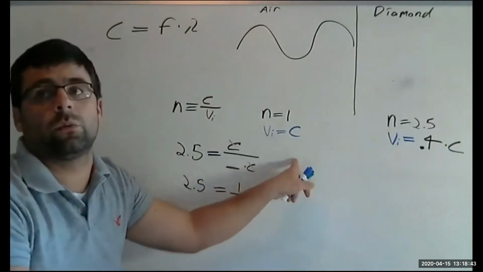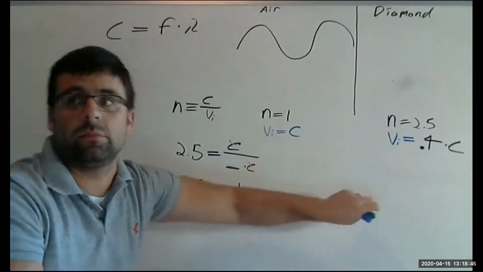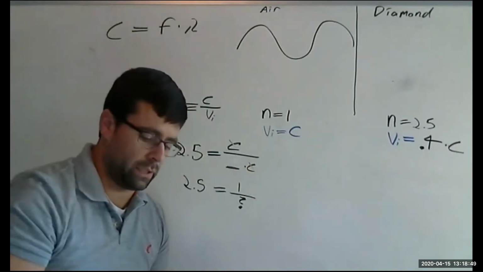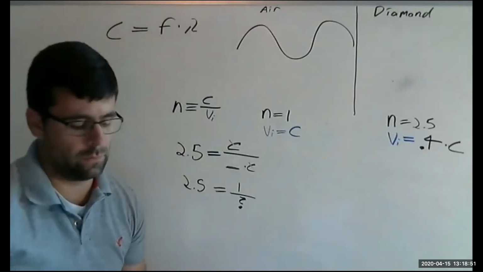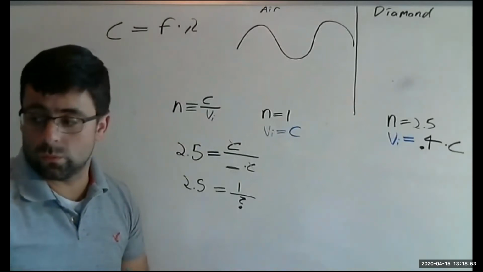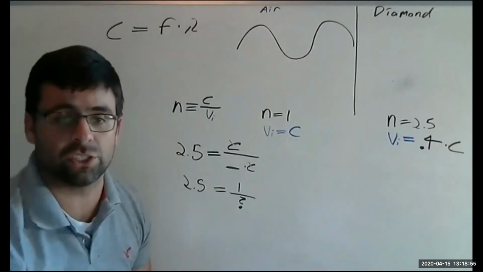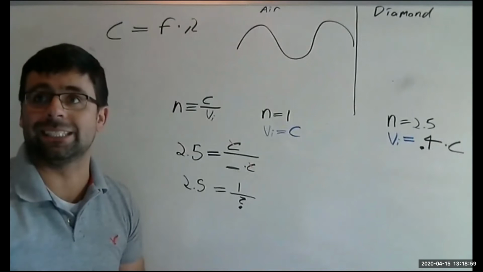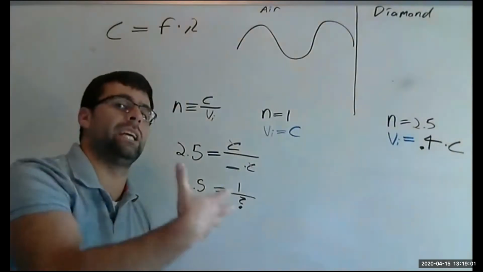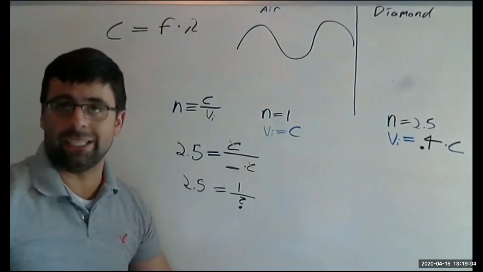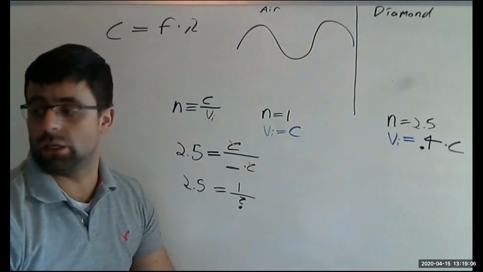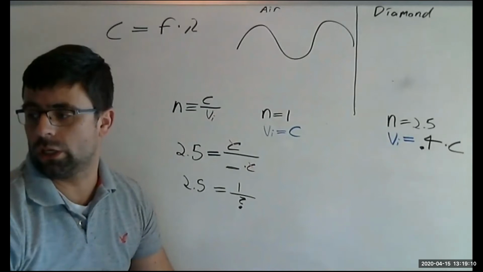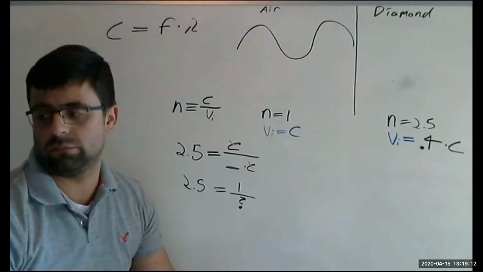Meaning, over here the wave is traveling at the speed of light, and over here it's traveling about 40% the speed of light. So it's traveling much slower. From this, we can see that a larger n value means the wave will be traveling slower in that medium.